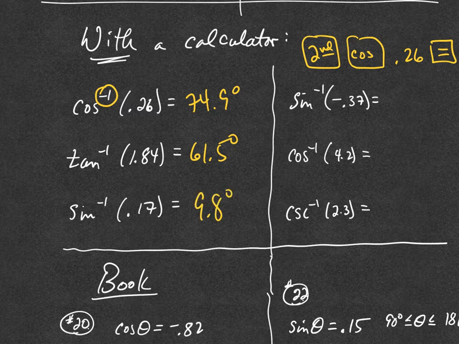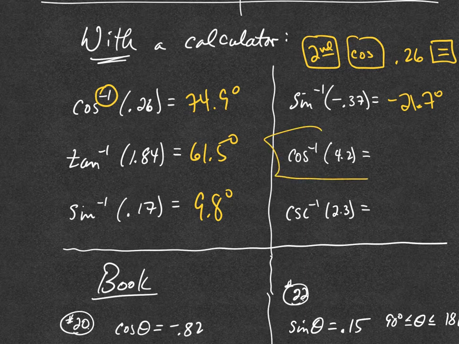And notice now my next example, the fourth one, is the inverse sine of a negative value. That's okay, your calculator can handle that. So negative 0.37 gives us an angle of negative 21.7 degrees. Remember, the negative just means we moved clockwise instead of counterclockwise.